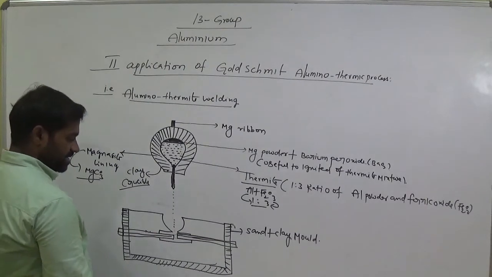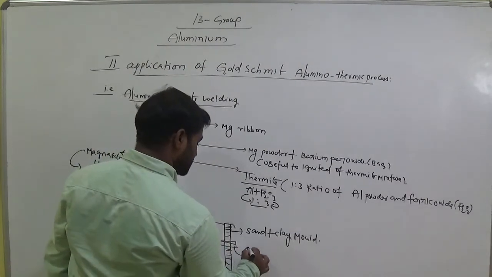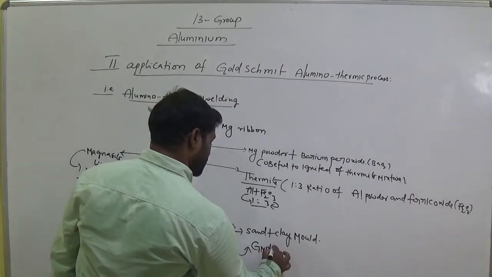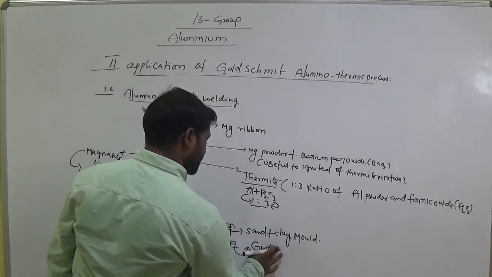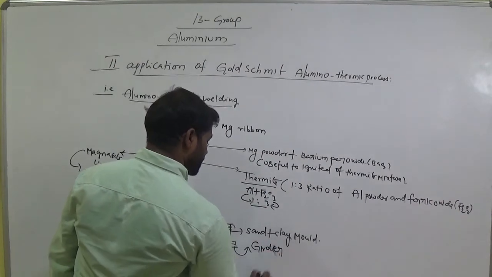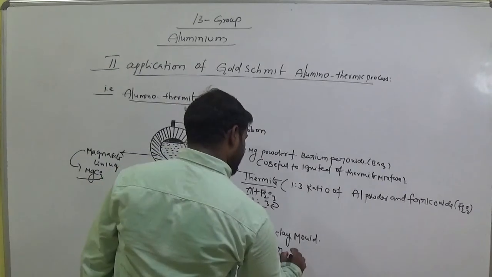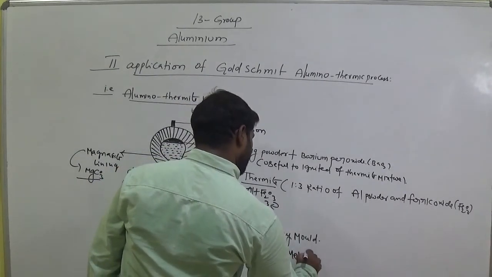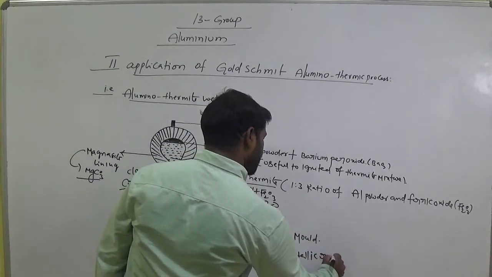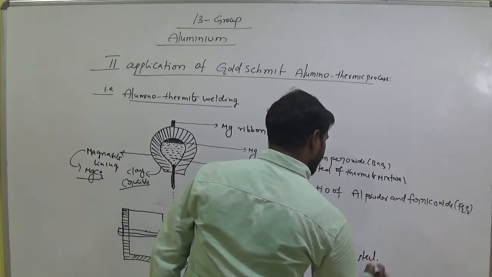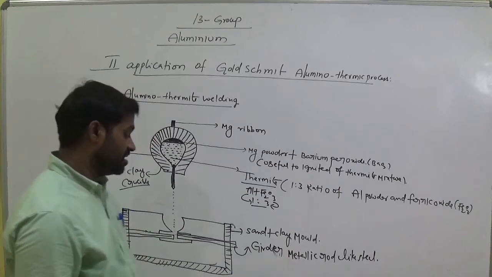And this is called a girder, a metallic rod like steel.